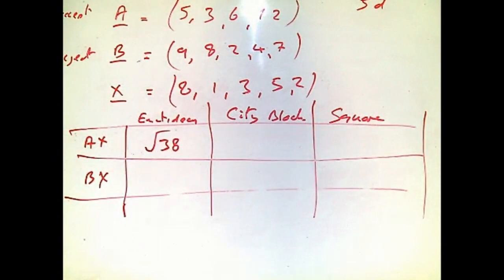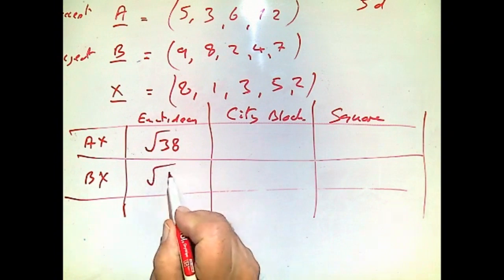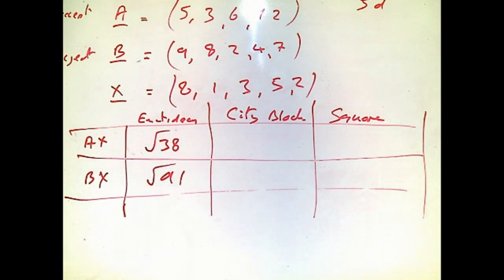The rest of you see if you agree with him. Let's have BX. 91, root 91. So that would classify as X belongs to A. Shorter distance, shorter square distance.